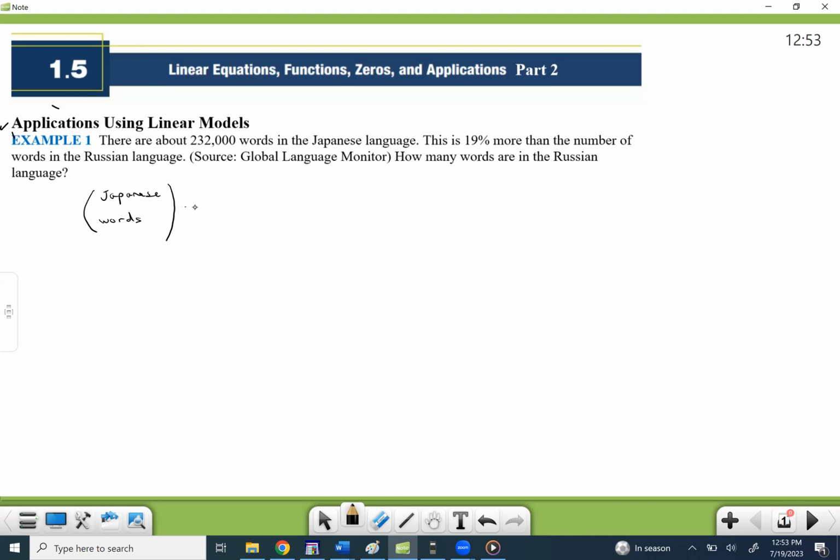So in my mind, I'm thinking, okay, how do I find the Japanese words? Well, I'm going to take the Russian words, and the Japanese is more, right? So I'm going to have to add to the Russian words to get to the Japanese words. How much more? 19% more. So I'm going to add to the Russian words 19% of the Russian words.